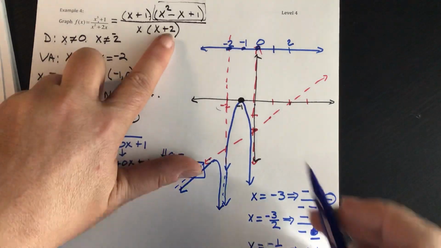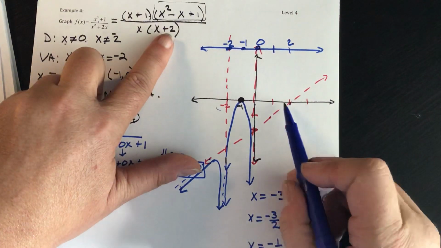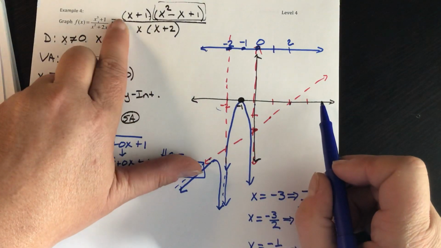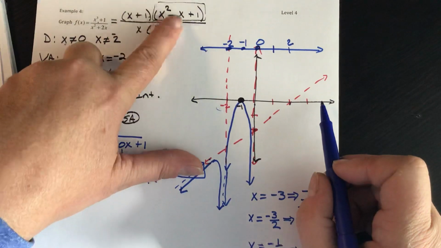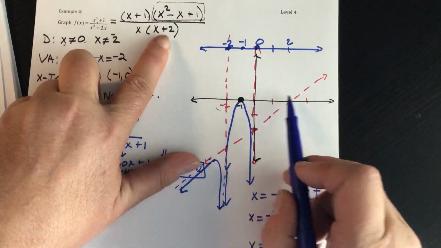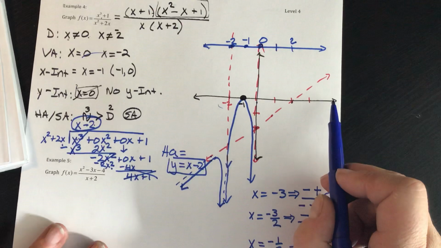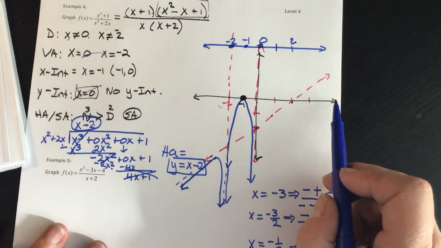And anywhere I go bigger than 1, if I put in 4 here as an x value, 4 plus 1 is positive, this is positive, positive, positive. So anywhere to the right of 0 is going to be positive.